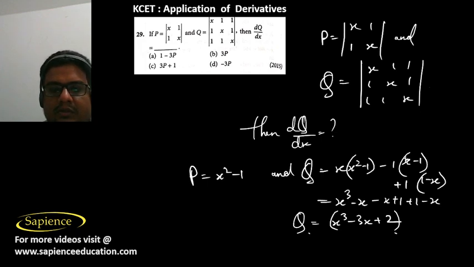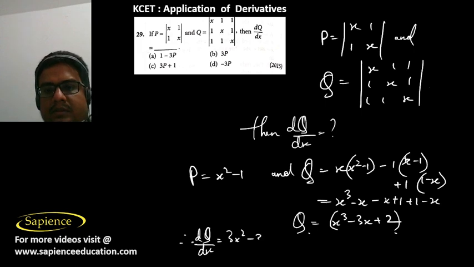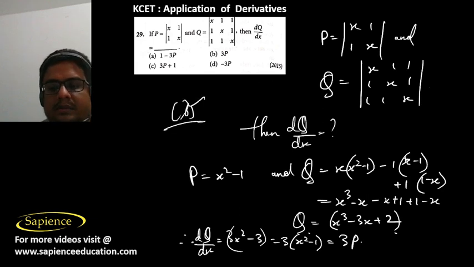Therefore dq by dx will be 3x square minus 3, that is 3 into x square minus 1, that is 3P. Option B is the correct answer.